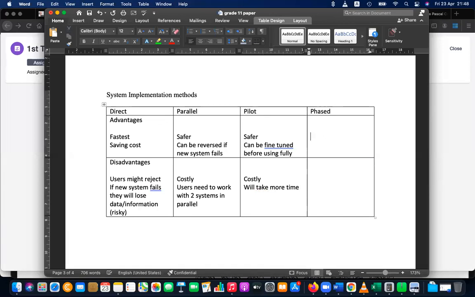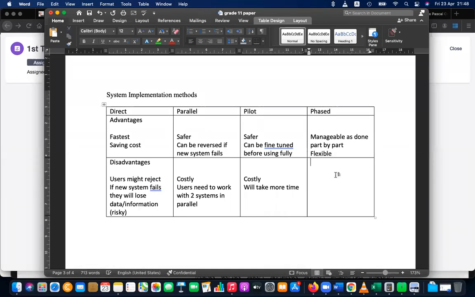Paced implementation is manageable, as it is done part by part. So it's easy to manage because it's done part by part, and it is flexible too.